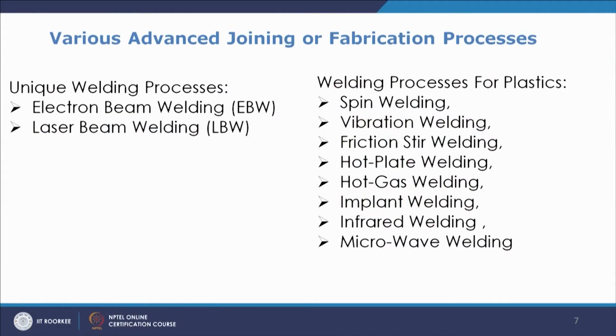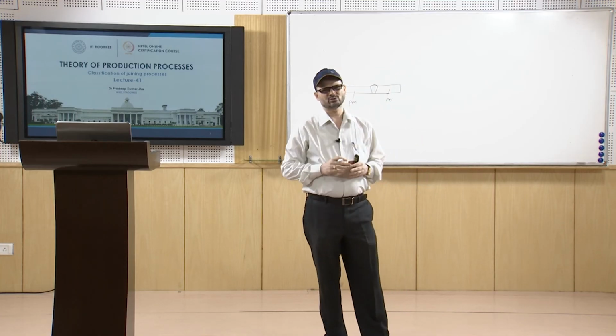Friction stir welding is also used for metals. Then you have hot plate welding, hot gas welding, implant welding, infrared welding or microwave welding. Most of the welding processes we discussed on the right hand side for plastics are also used for metals.